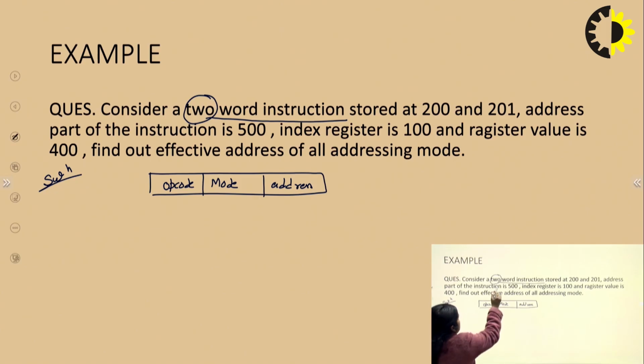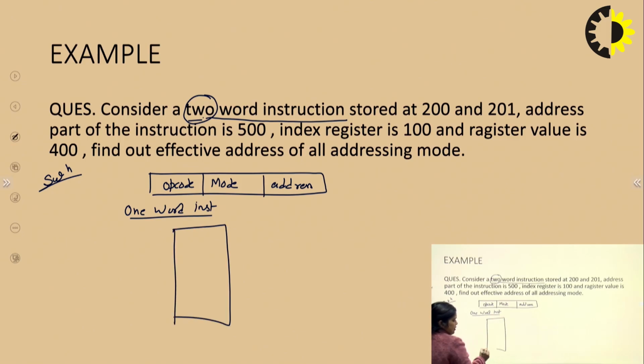Now, before starting the solution, first we have to know what is one word, two word and three word. If there is a one word instruction, how are you going to write it? There is a memory, and because it is a one word instruction, it will be stored in a single address.